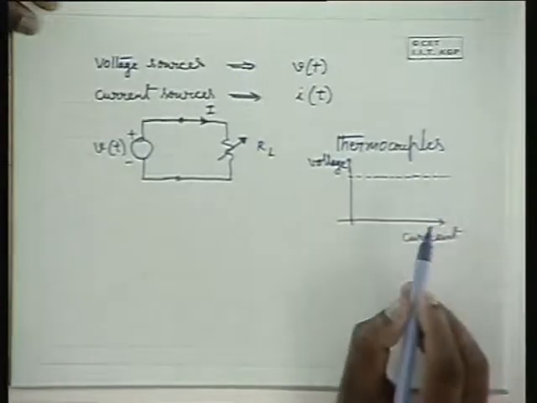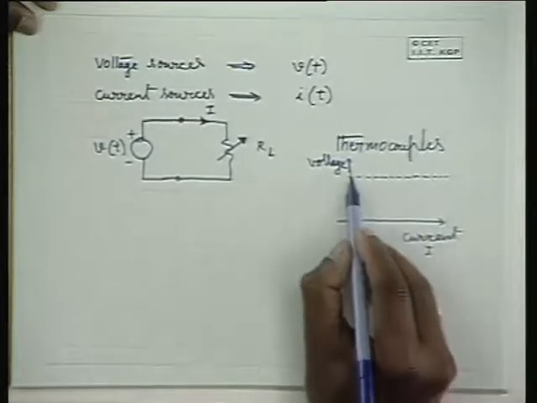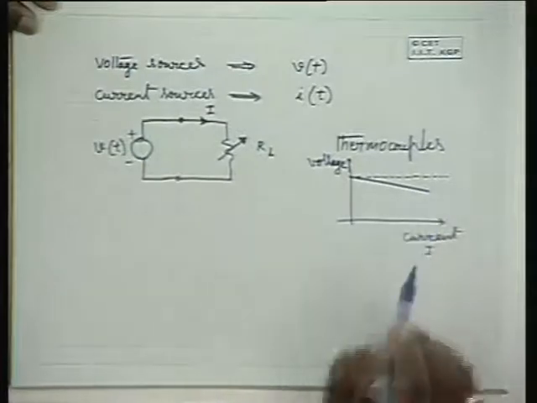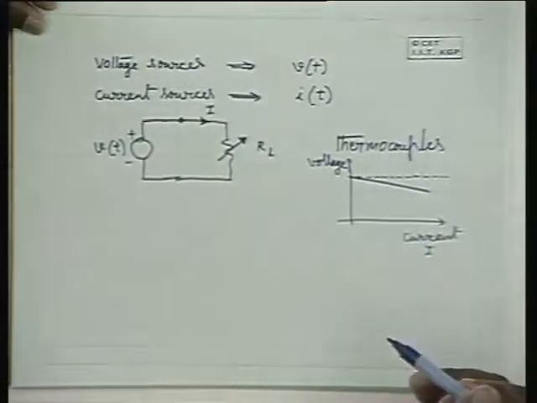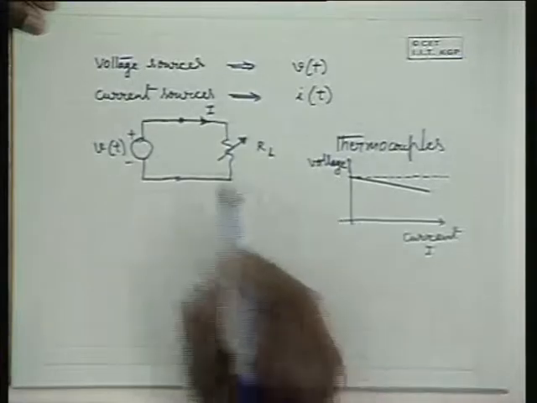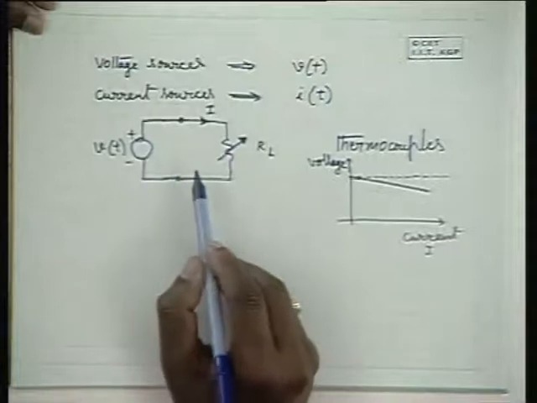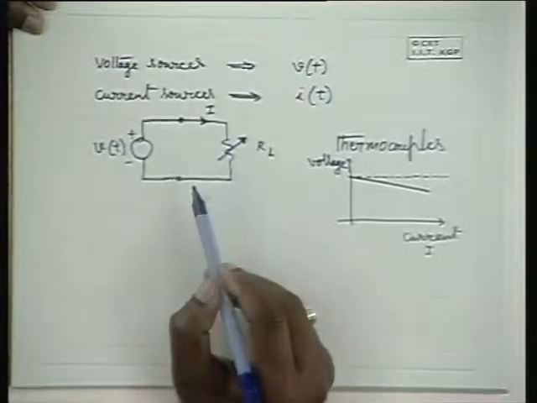with practical sources? Typically the voltage drops with the current drawn through it. If you connect a small resistance, the voltage drops to some extent. If the resistance is large, the voltage is large.